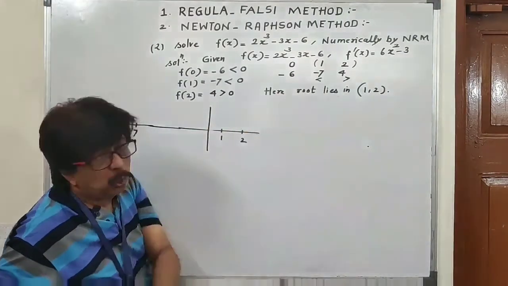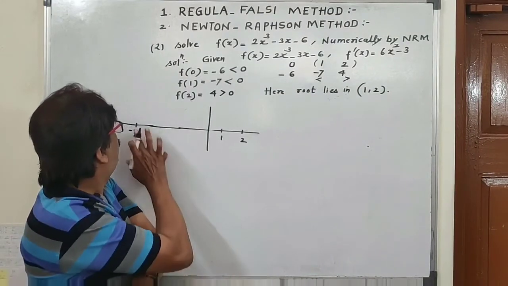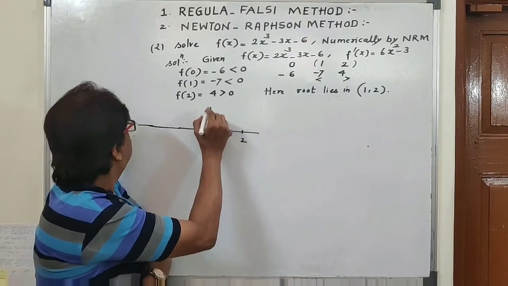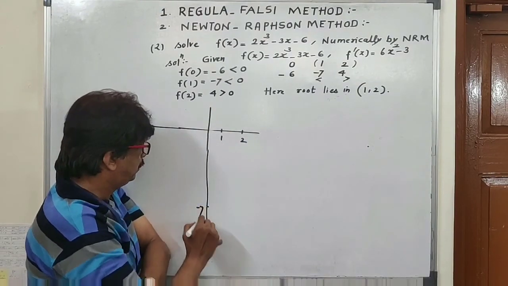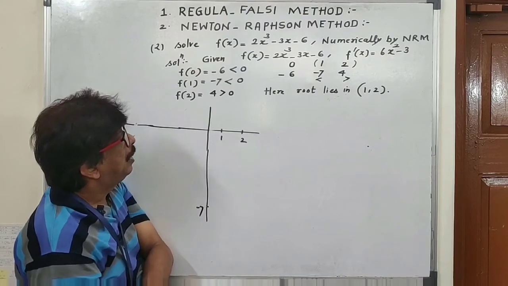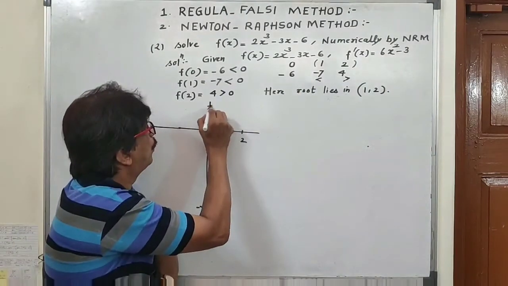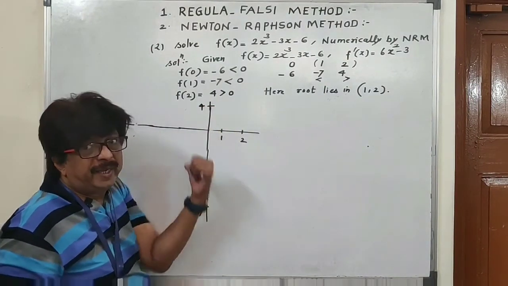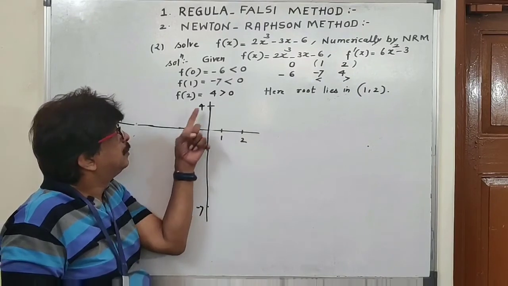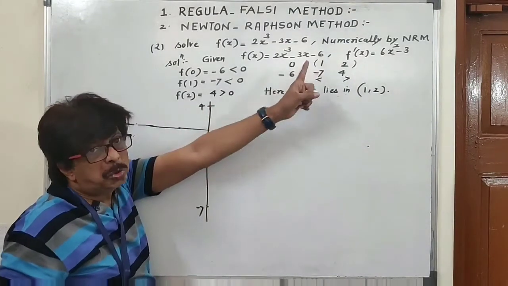What is f(2)? f(2) is 4. Now, which value is nearer to origin? This 4 value is nearer to origin. 4 is the value of f(2).